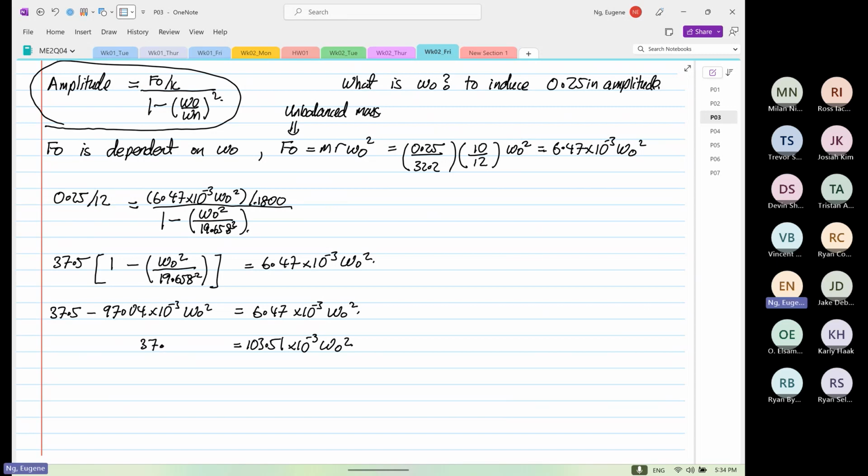And this is equal to 37.5. So 37.5 divided by 103.51 times 10 to the power minus 3, square root, gives omega naught squared.